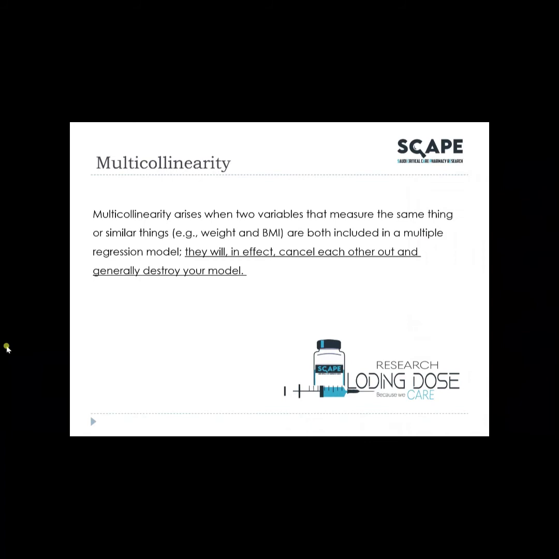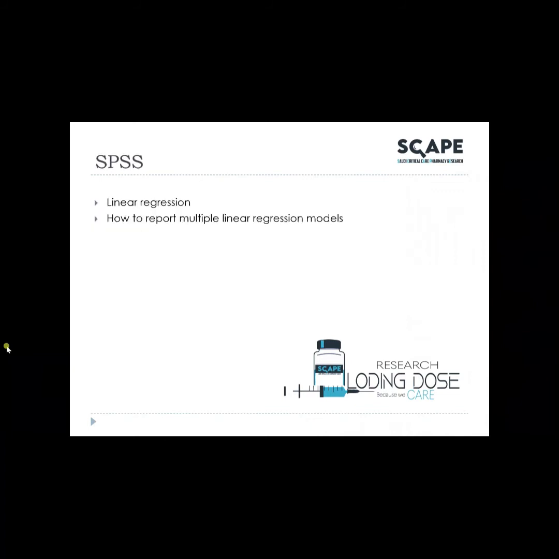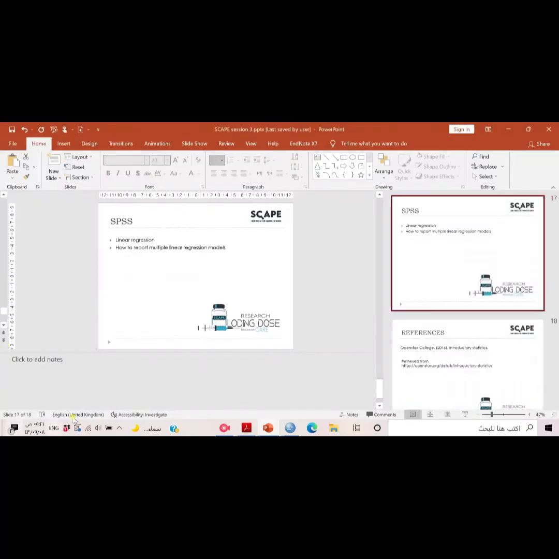So I have to be careful. If two variables are measuring the same thing, they are not supposed to both be added into the model.